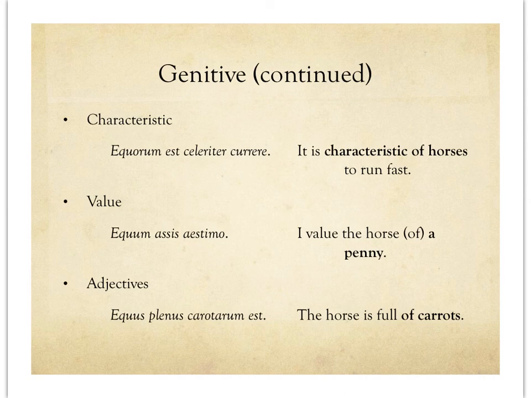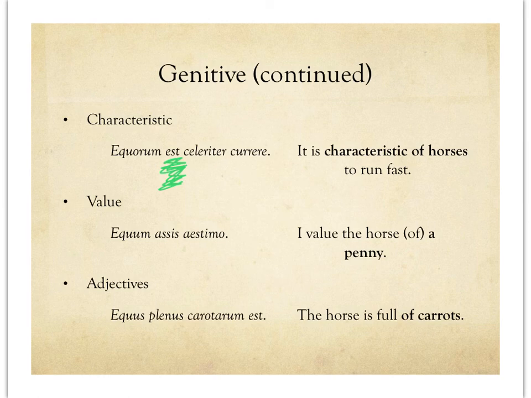We have a couple more genitives to look at. One is called a genitive of characteristic. And this is one that is really maybe one of the most troublesome because you would expect the genitive to be dependent on a noun and there's no noun in sight. One thing that always happens, or almost always happens, is that we have a form of the verb to be, often est, and then we have a genitive with it.